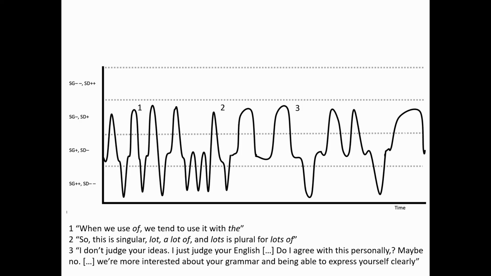No. Well, hang on a second. On the y-axis, it's SG from weaker to stronger, and it's SD from stronger to weaker. So it's just the same usual semantic scale that we normally use.